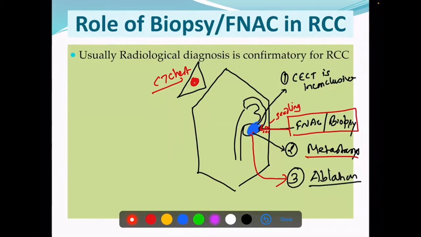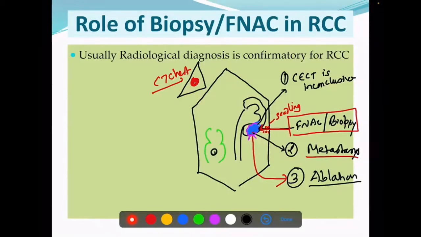You should confirm that it is an RCC. Otherwise we don't do ablation therapy, local therapies like cryotherapy to reduce the size. So before ablation therapy you have to do a biopsy. Sometimes you're confused whether it could be a cancer that is arising from another organ like the colon.